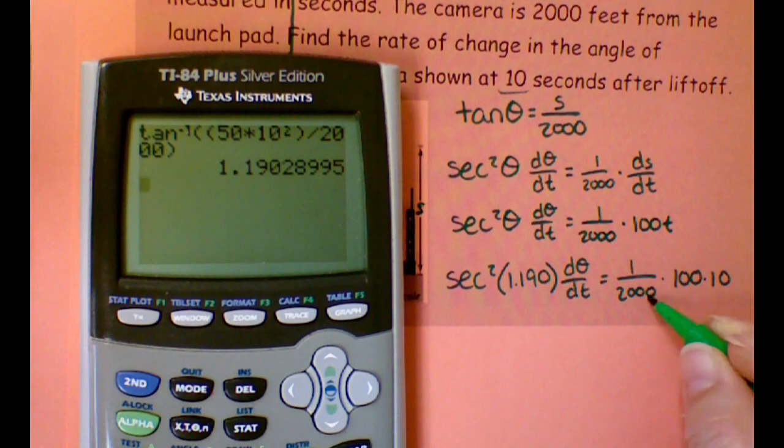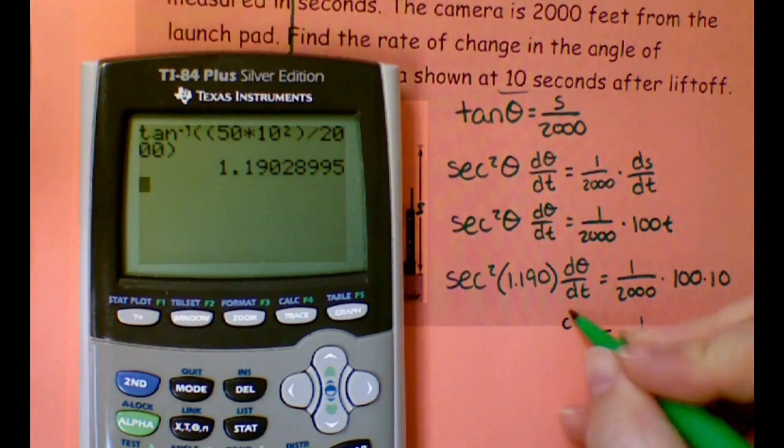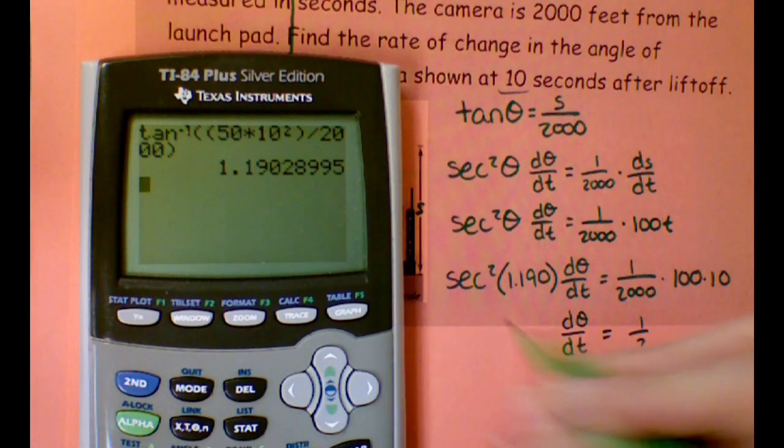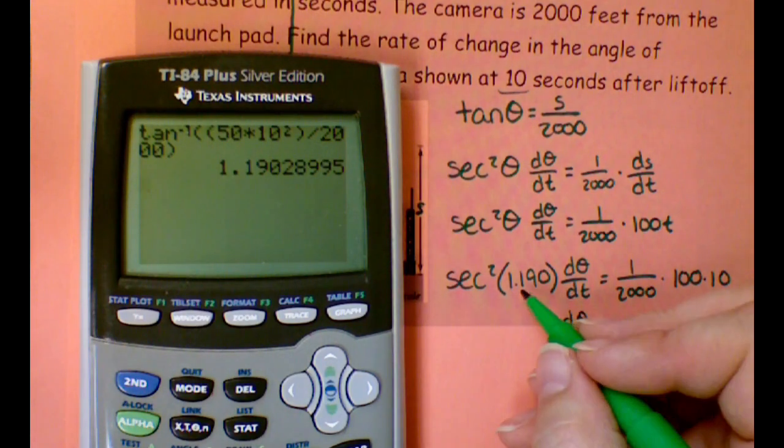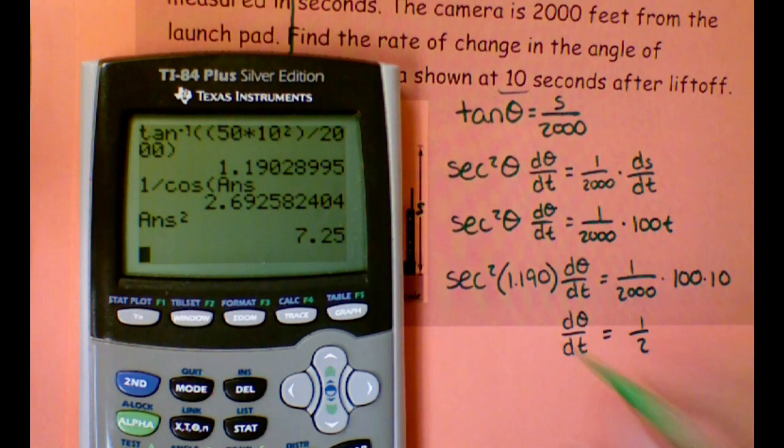I get 1,000 over 2,000, I get 1/2. All right, d theta/dt. To get secant squared of 1.190, now I can't do secant in my calculator, but I can do 1 divided by cosine. Use my second answer key so that I don't have to type in that long decimal. But it's squared, so I get that number and I square it. 7.25.